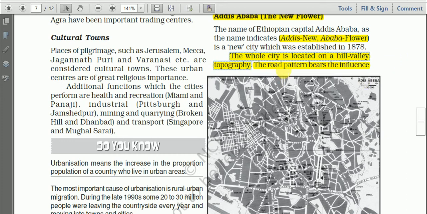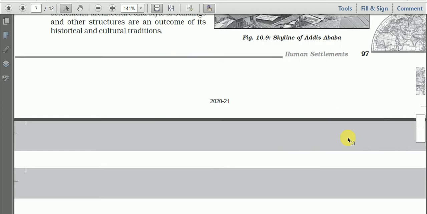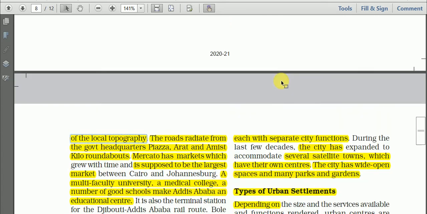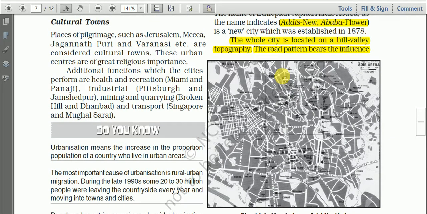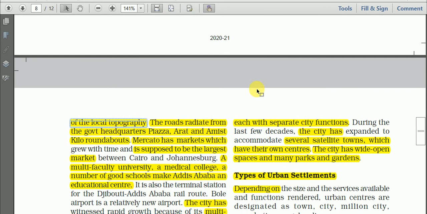The second important feature: the road pattern bears the influence of local topography. How will you know that?